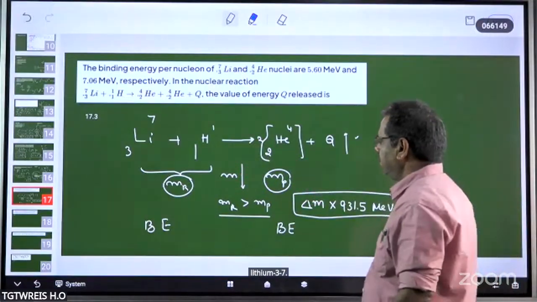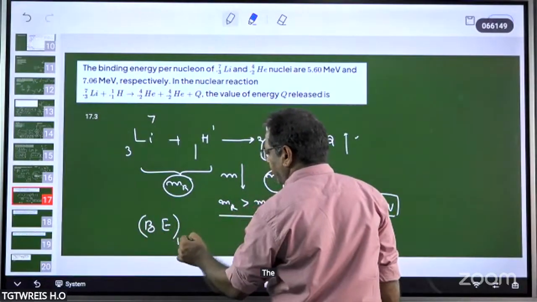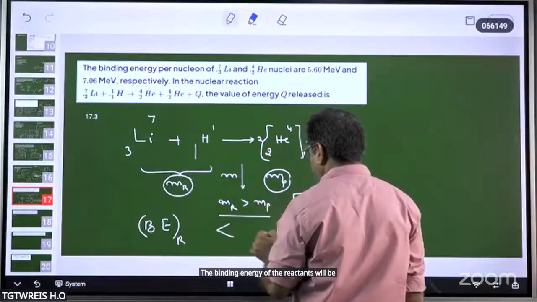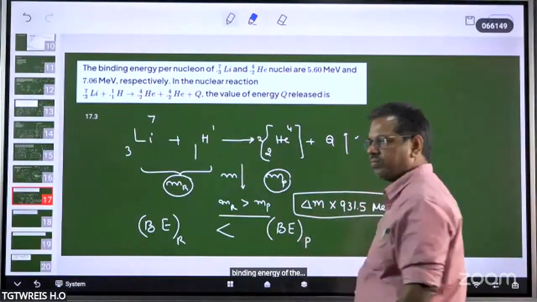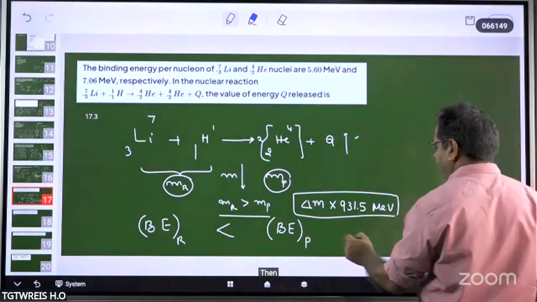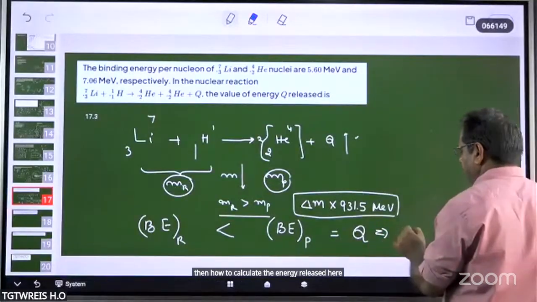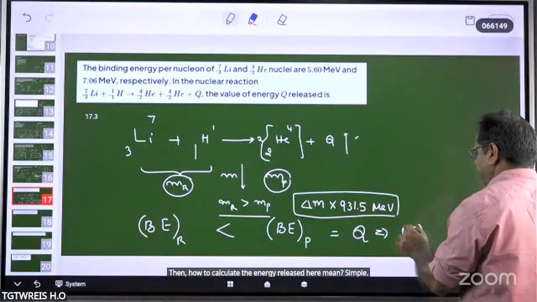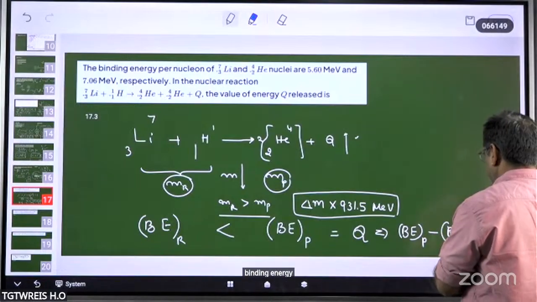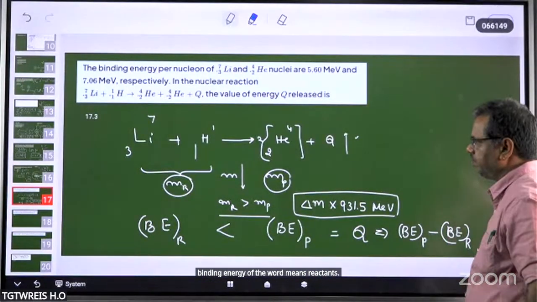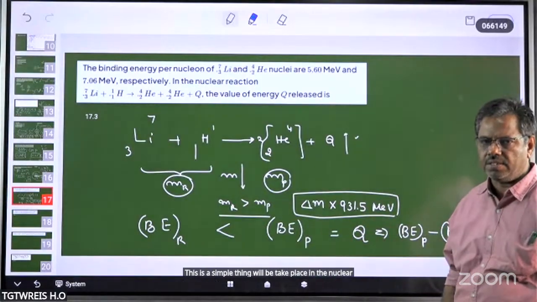That means in nuclear reactions, the binding energy of the reactants will be less than the binding energy of the products. To calculate the energy released, it is simple: binding energy of the products minus binding energy of the reactants.